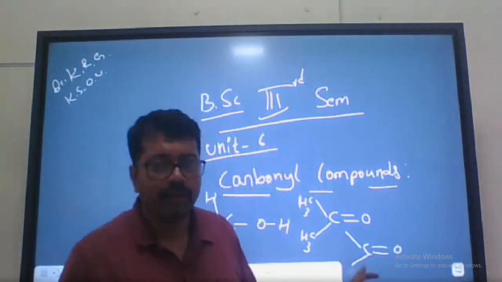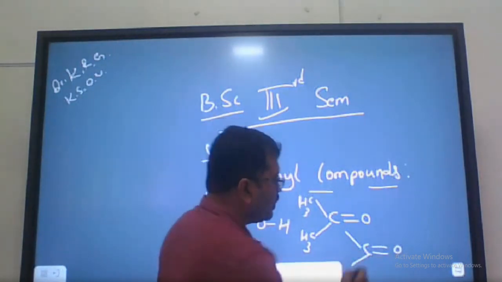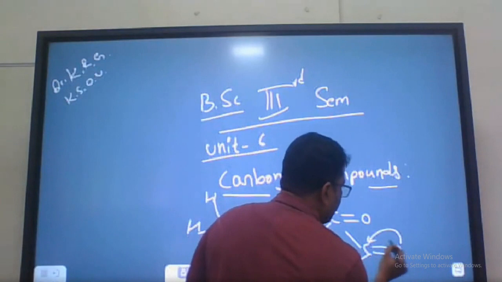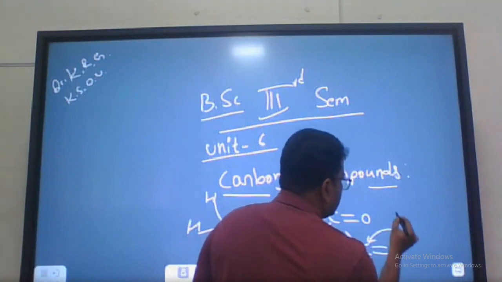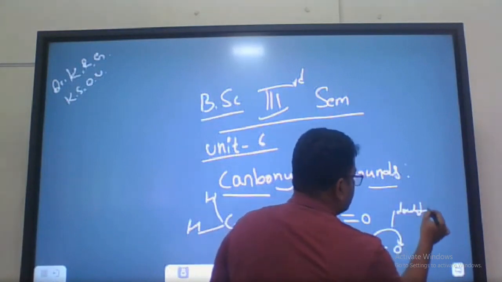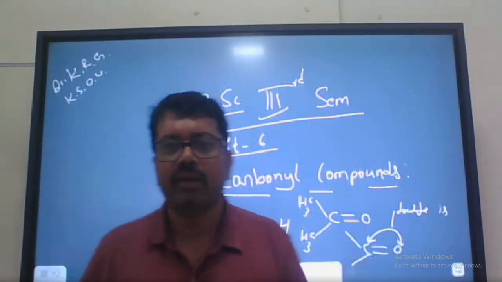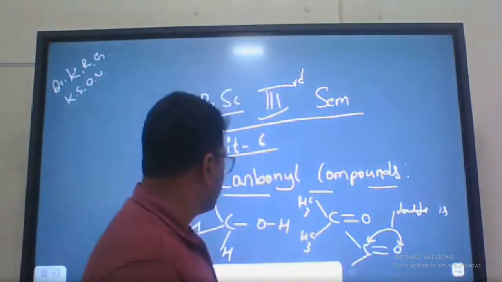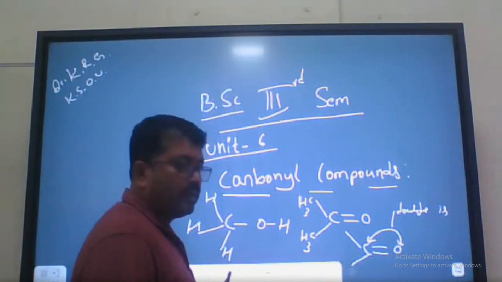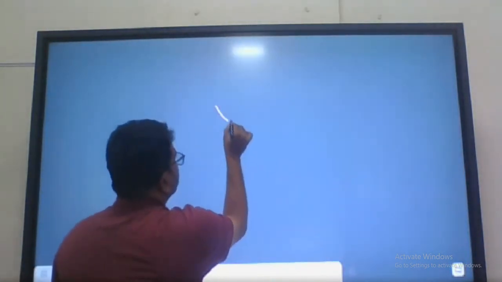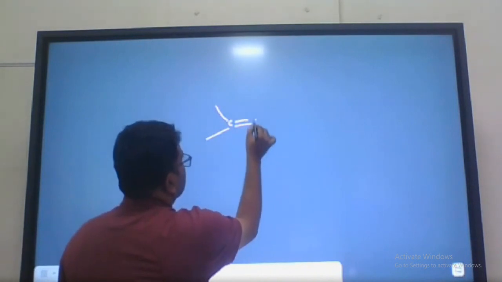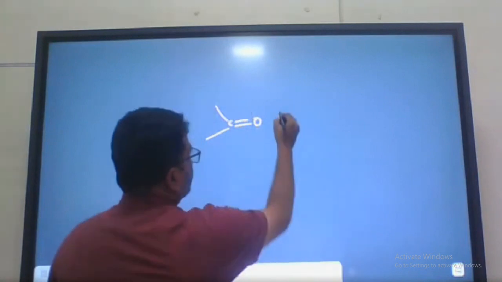The carbon oxygen double bond is called carbonyl compound. So the functional group called carbonyl compound.